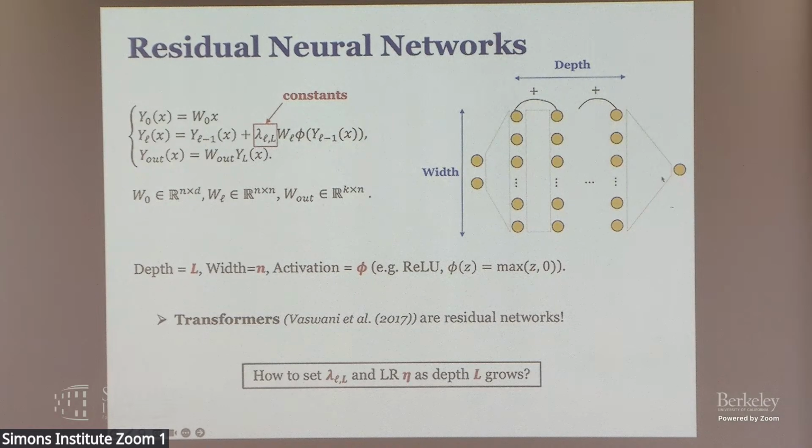So I'm going to ask the same question now with respect to depth. How can we select the hyperparameters as depth grows? By hyperparameters, I mean the lambda here, the constants in front of the block, and the learning rate eta as the depth L, the number of layers, grows.